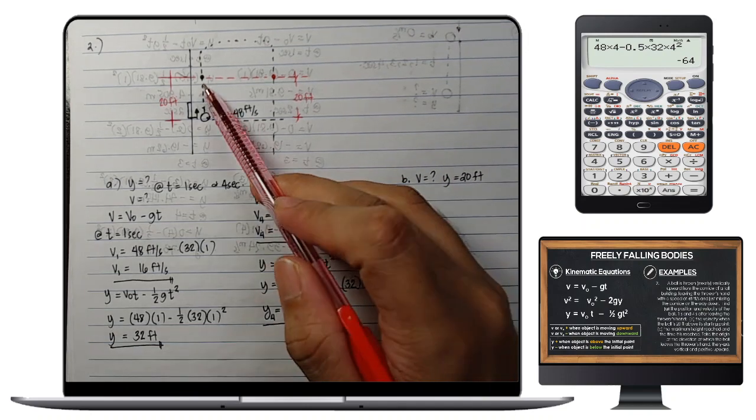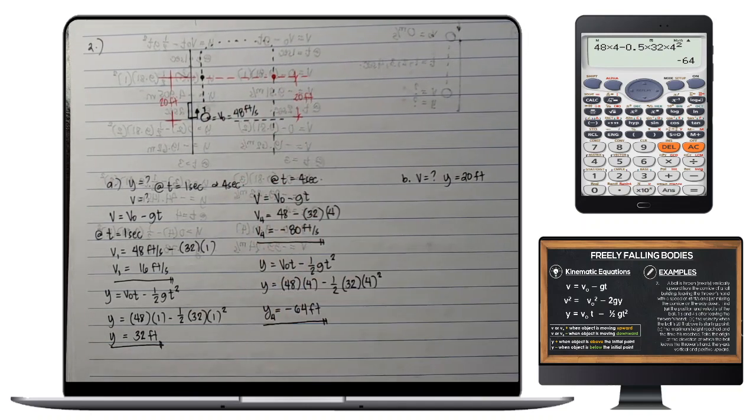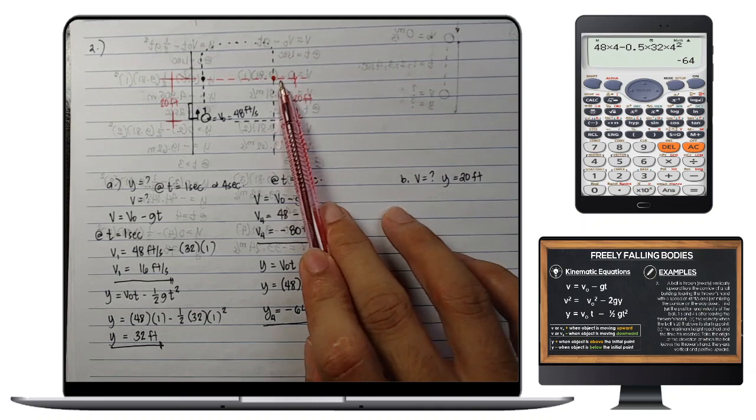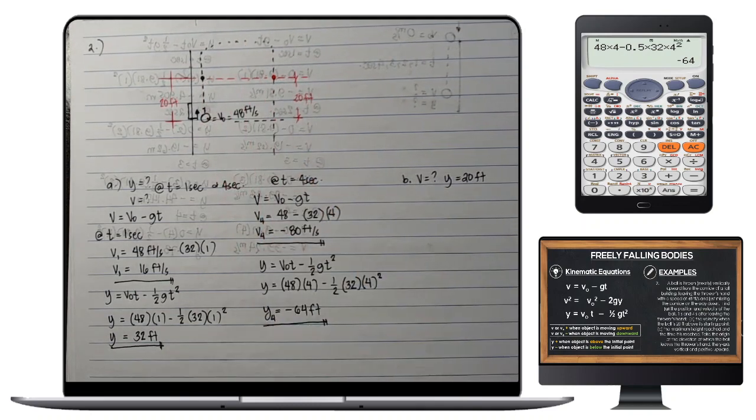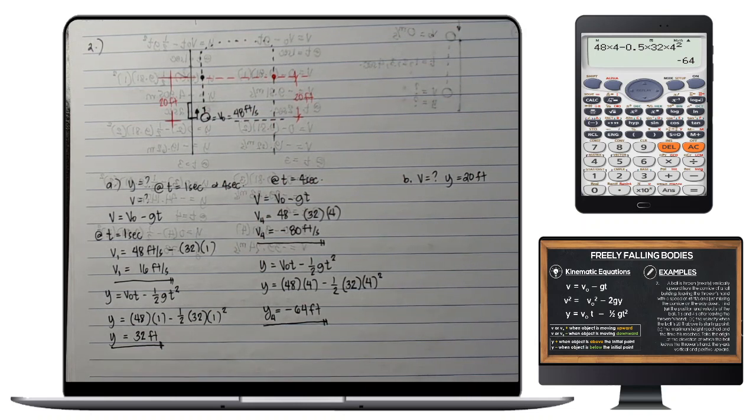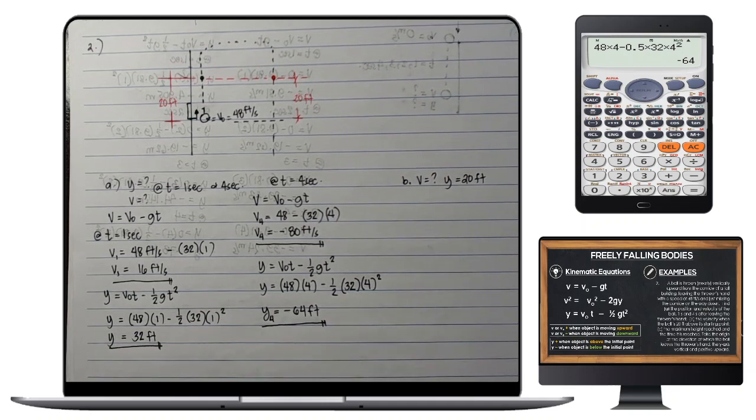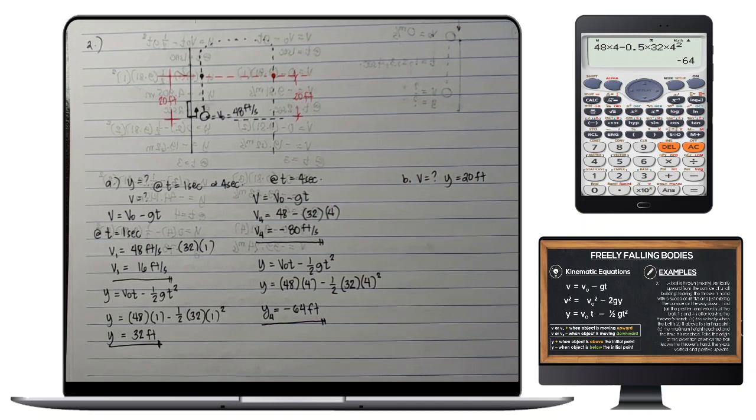So, this is the first time, this is your second time or after reaching the maximum height. Ito before reaching the maximum height. Okay? So, pinapahanap sa atin the velocity of the ball when it is 20 feet above. Okay? So, we can use the formula.